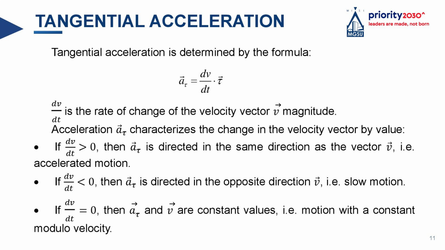If dv over dt is less than 0, then acceleration vector is directed in the opposite direction to the v vector, so this is slow motion. If dv over dt is equal to 0, then the velocity magnitude is constant, so this is motion with a constant modular velocity.